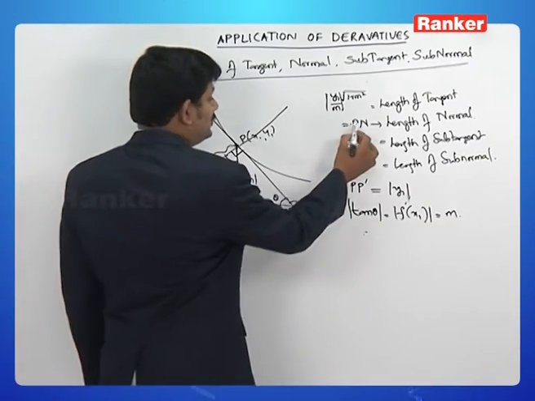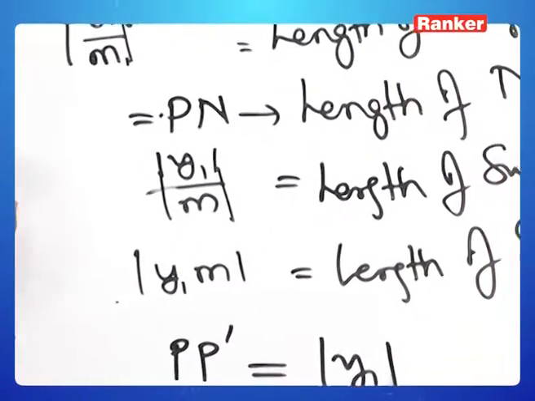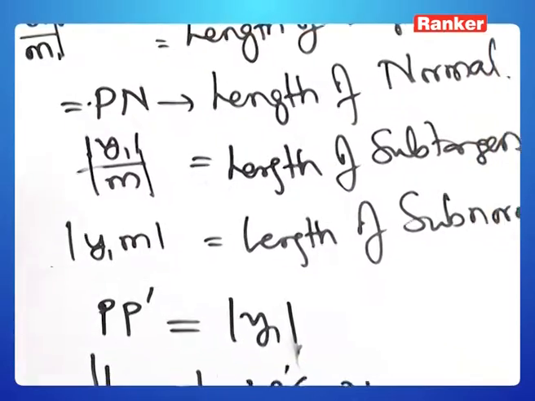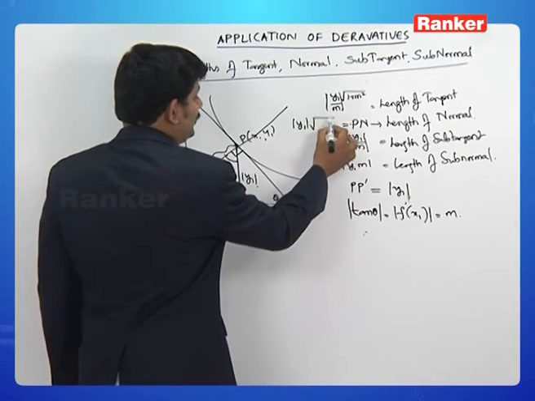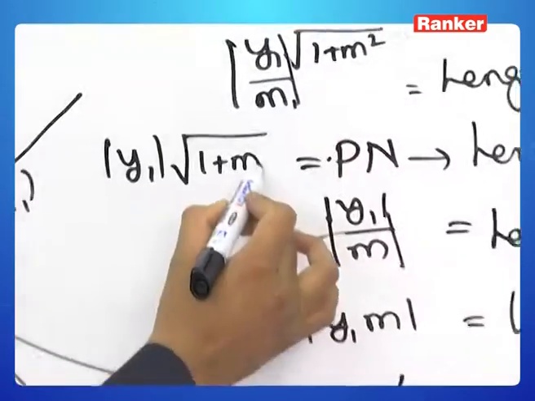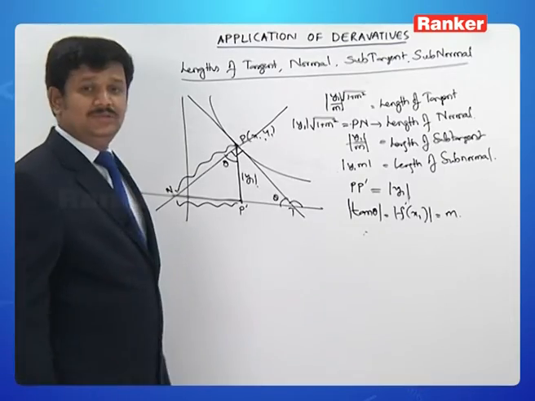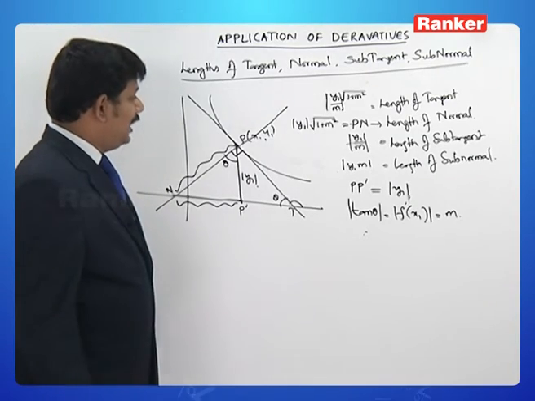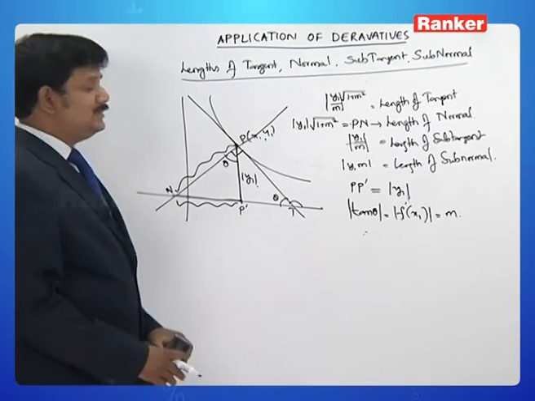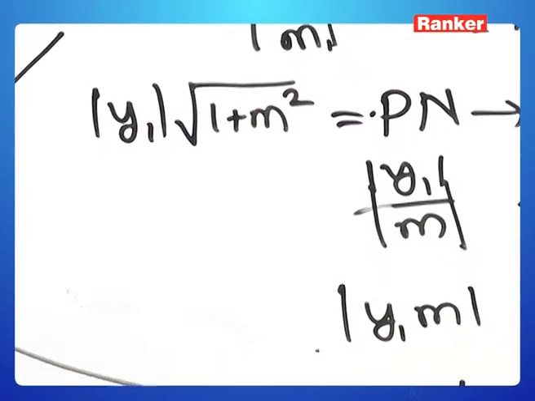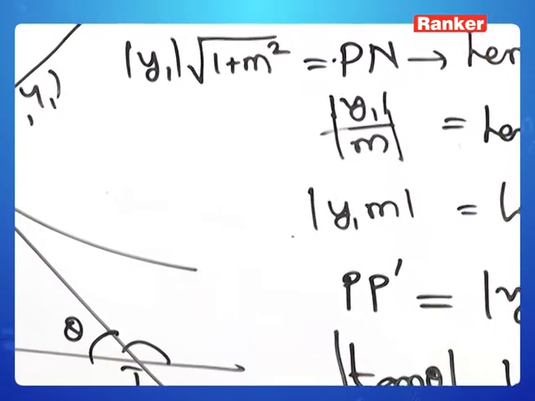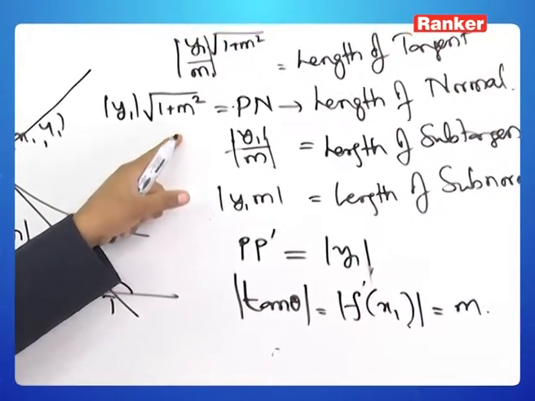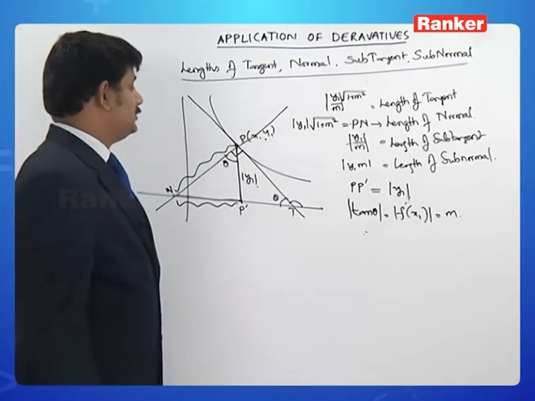So length of the normal is equal to mod y1 divided by cos theta, or multiplied by secant theta, and secant theta is root over 1 plus tan square theta, which is root over 1 plus m square. So PN, length of the normal, is mod y1 into root over 1 plus m square. So now we have all the lengths of tangent, normal, subnormal, subtangent in terms of the ordinate at the point and the quantity m, which corresponds to dy by dx at that point.